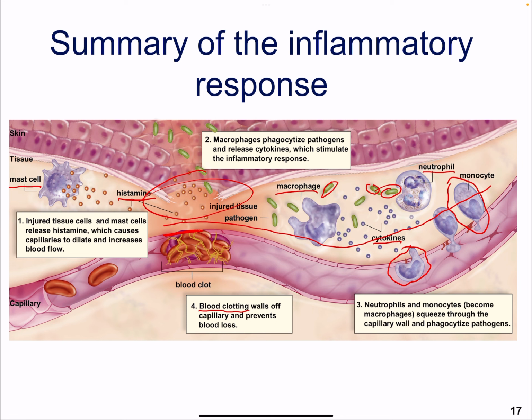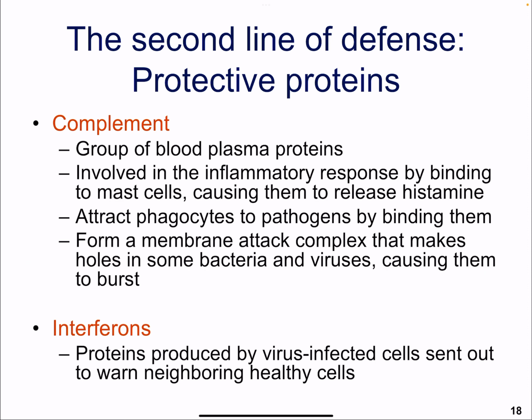Thrombin in presence of calcium is going to activate fibrinogen, so that fibrinogen is going to form fibrins, right? Forming a network that is going to stop the bleeding, right? So this is basically a summary of the inflammatory response.